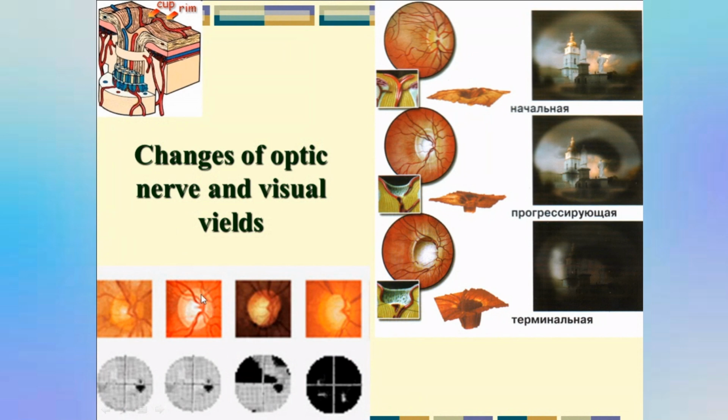Here you see the big excavation, and the visual field becomes worse. Here the excavation becomes bigger and the visual fields worse, and you can see of the visual field just pieces, and here we will see total excavation.